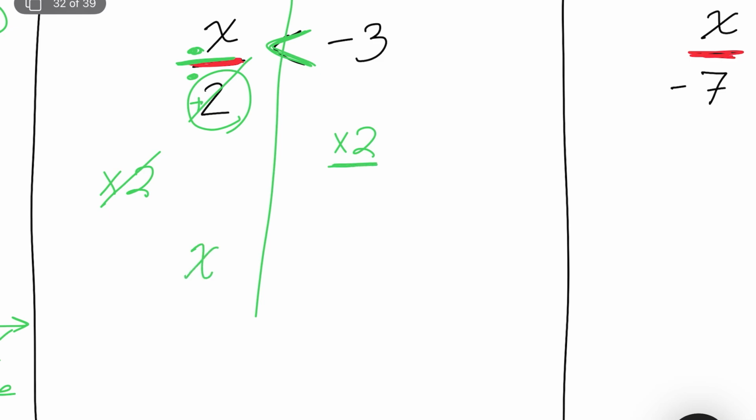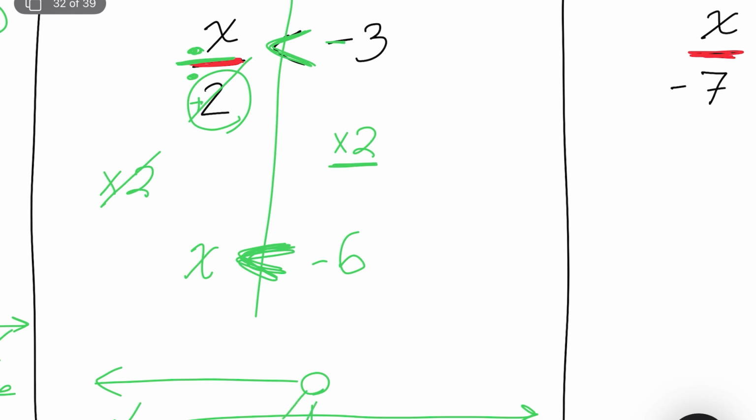Since I multiplied by a positive number, my inequality stays the same, less than. Now, 3 times 2 is 6, and since one of them is negative, it's negative 6. Graph your answer. Negative 6, less than, what does that mean? It means an open circle pointing to the left. Less means left.